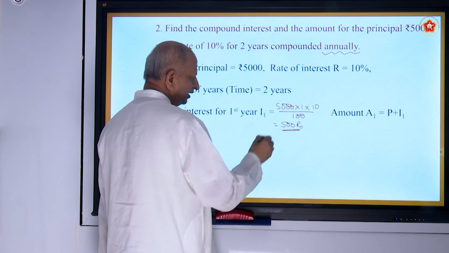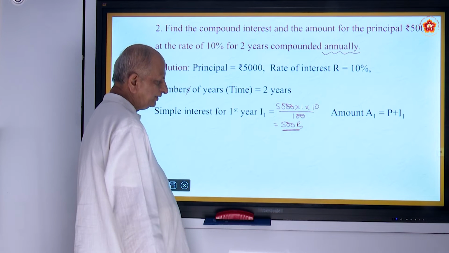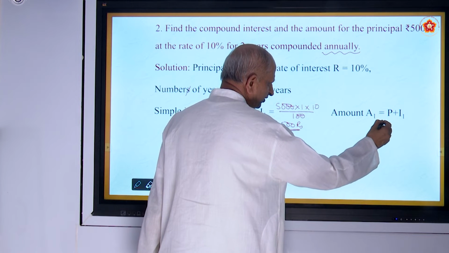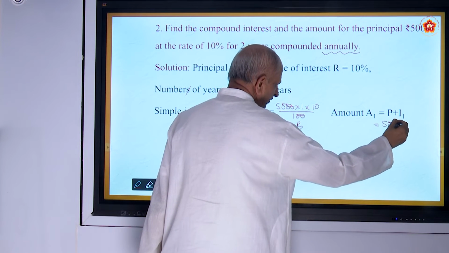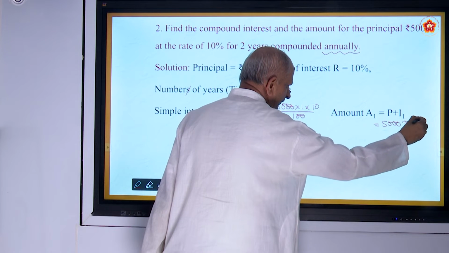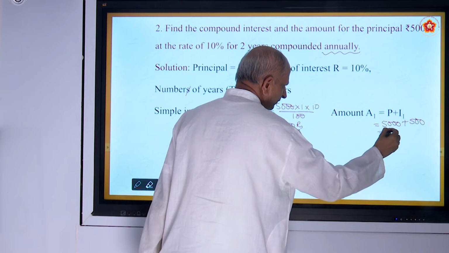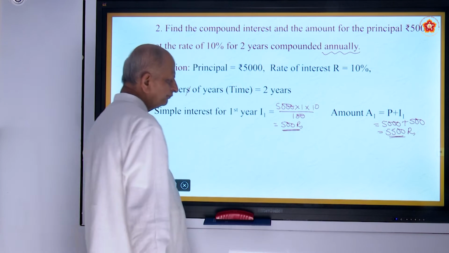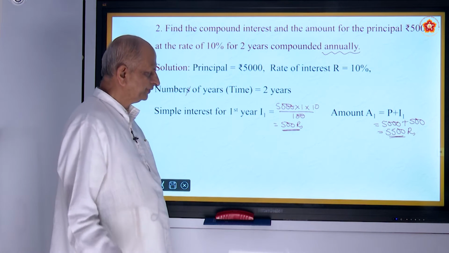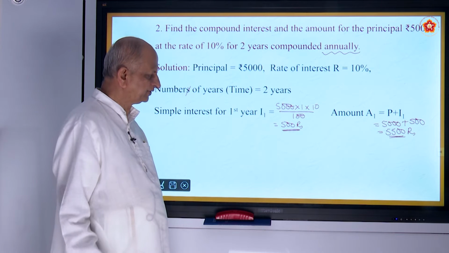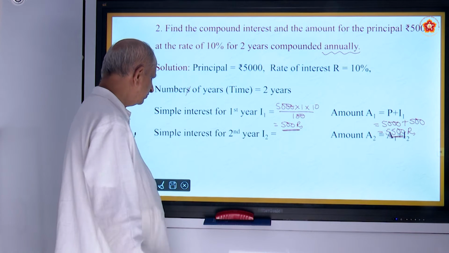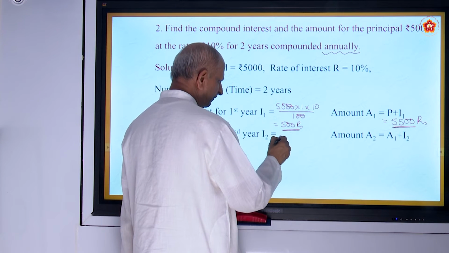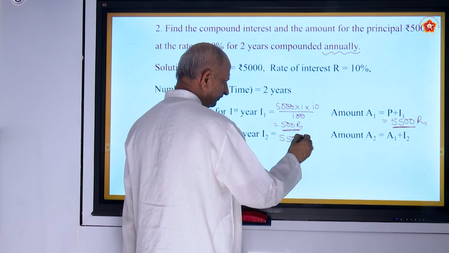These two cancel, you have 50 into 10, 500. That is the interest. This is to be added to the principal, that is 5,000 plus 500, that is 5,500 rupees. That is the amount. That amount will be taken as the principal for the next year. So, simple interest for the second year, PTR by 100. P in this case is 5,500.